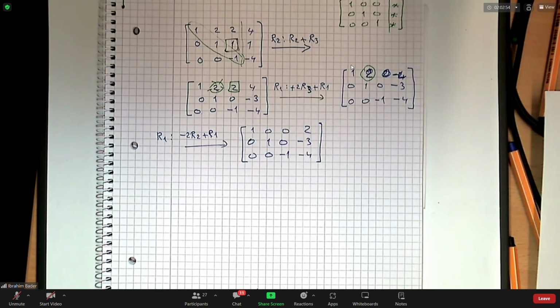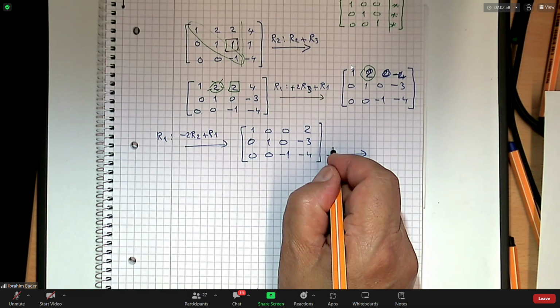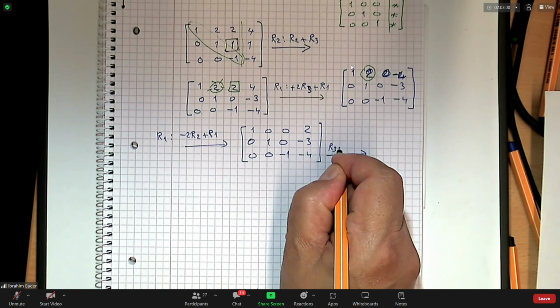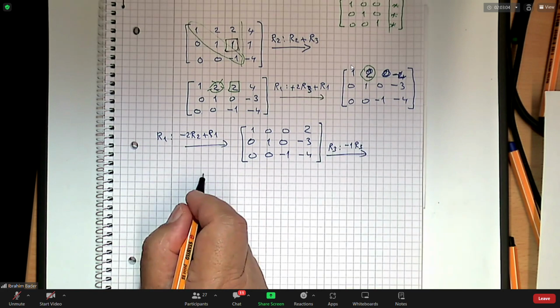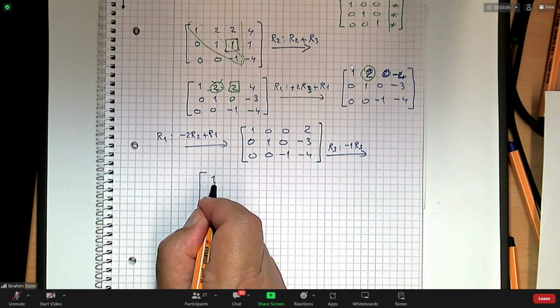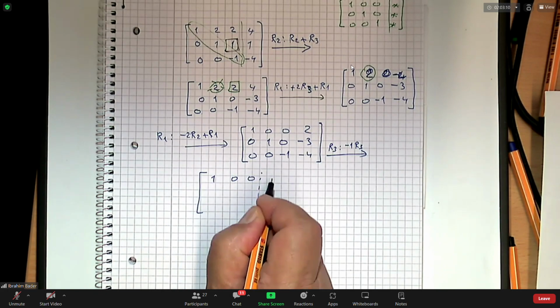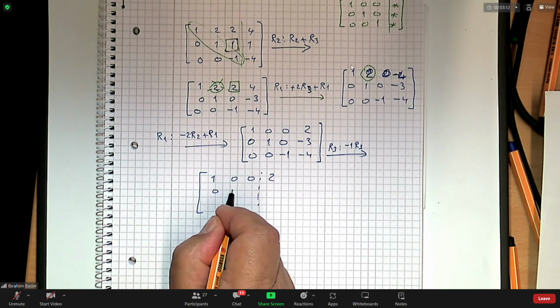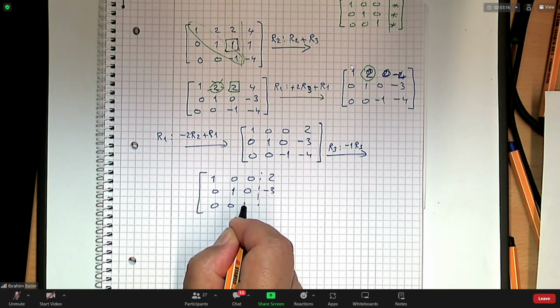Last step here, we will just multiply this third row R3 with -1. And then ultimately we get the nice 1, 0, 0, 2, 0, 1, 0, -3, 0, 0, 1, 4.